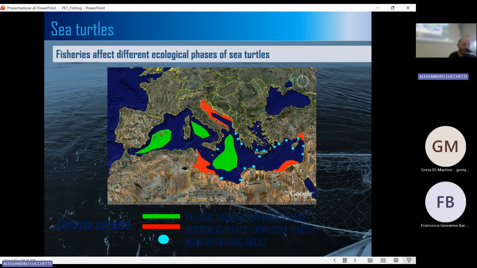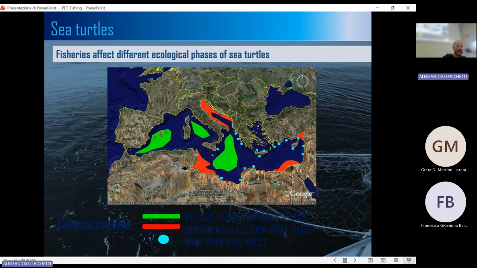In red, you have the demersal distribution, where the turtle comes to feed. These are foraging habitats. Then in green, there are the pelagic habitats. And then you can easily imagine that in the red area, the most important problem is with fishing gears that operate on the bottom, such as bottom trawling and bottom longline and passive nets, obviously.